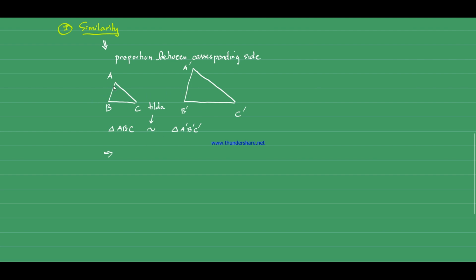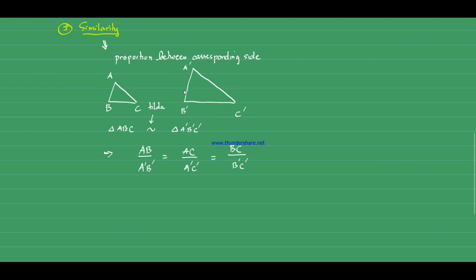You see that side AB over here corresponds to side A prime B prime. I have the first fraction equal to AC over here corresponding to A prime C prime, and BC over here corresponding to B prime C prime.